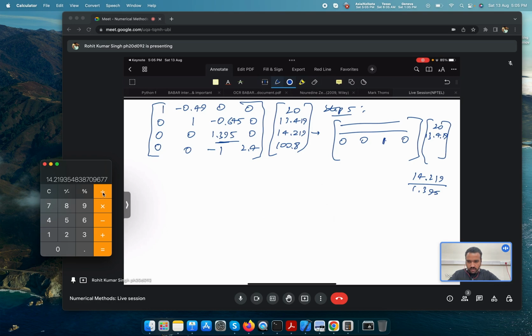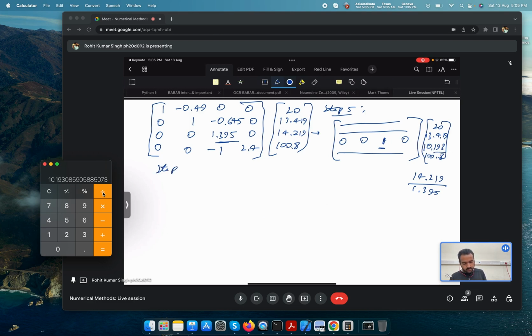We already have 14.219 on the calculator, just divide it by 1.395. So it is 10.193, and you have 100.8. Step 5 gives you just a one here and this 10.193 value.